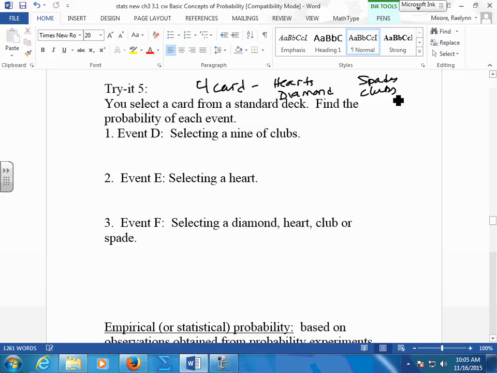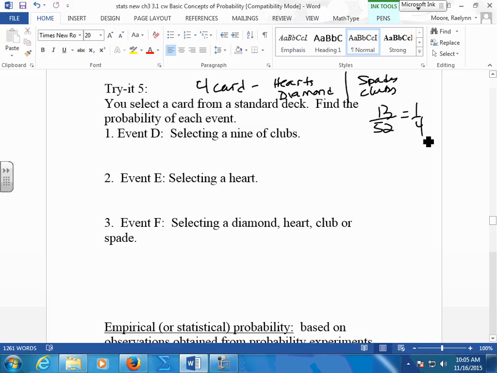So, do we notice that half the deck is red, half the deck is black? How many cards do I have altogether in your deck? There are 52 cards altogether. Each suit has 13. This is 1/4 of your deck.